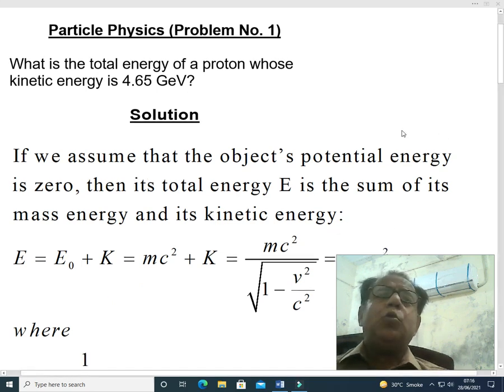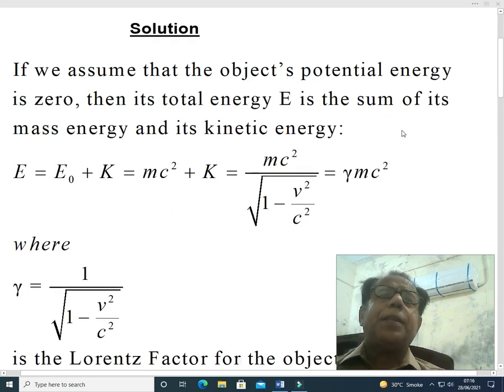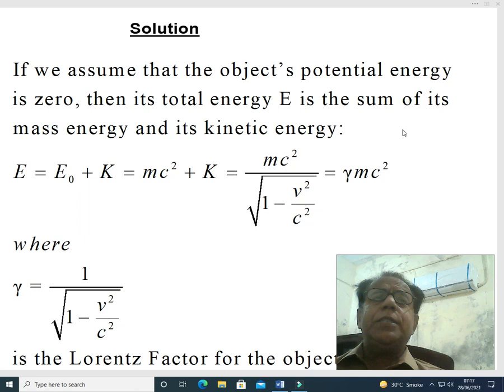Now we come towards its solution. First we define an expression which will be used in solving this problem. If we assume that the object's potential energy is 0, then its total energy E is the sum of its mass energy and its kinetic energy.